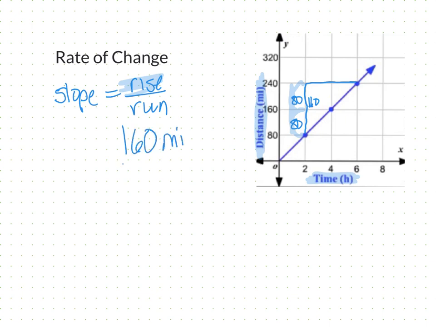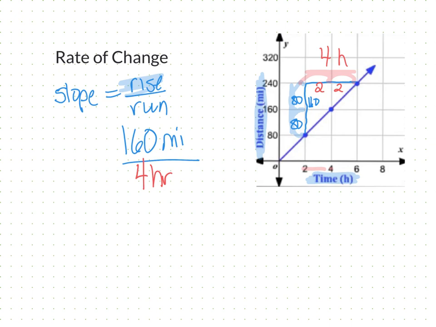You have to be careful when you have units, okay? Now our run, okay, is going to be left to right, okay? Now these units, we went 2 units. However, each unit goes up by 2. So this would be 2 and 2, so it gives us 4 hours. Okay, so our run is 4 hours.